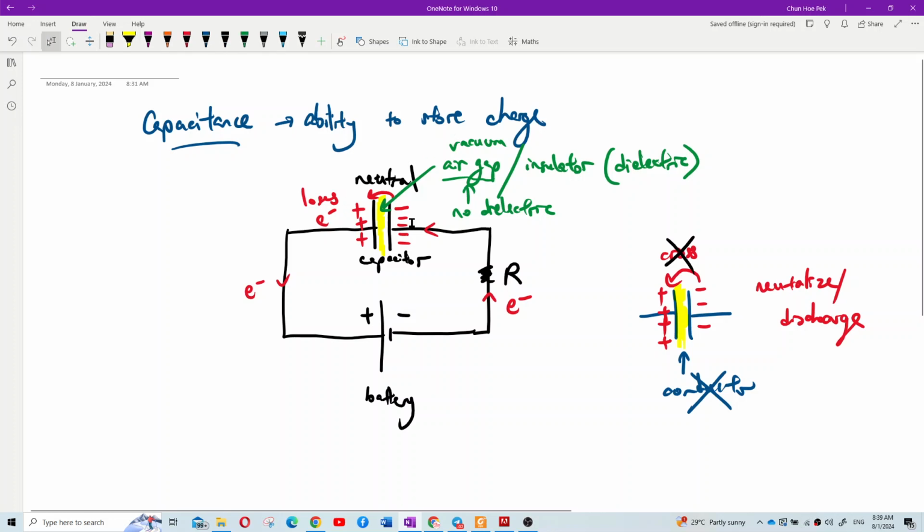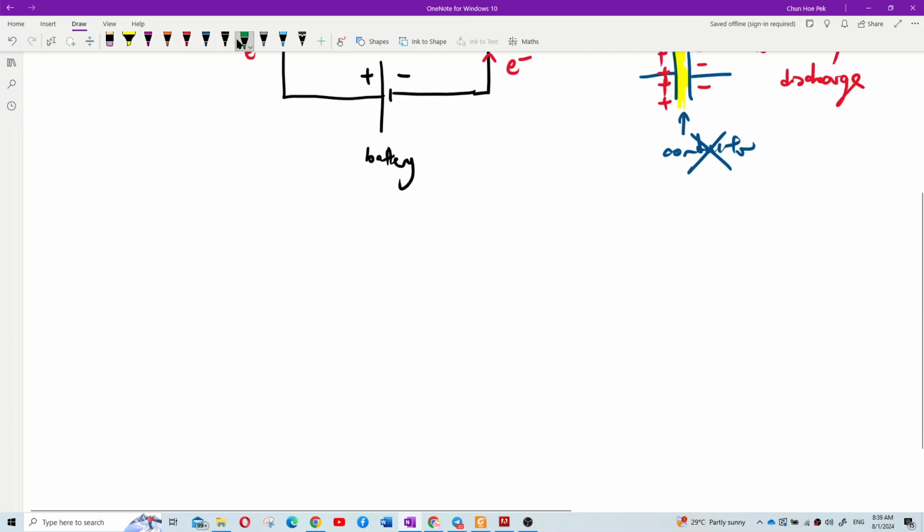When the positive and negative terminals are built up, we say a potential difference is built up already.